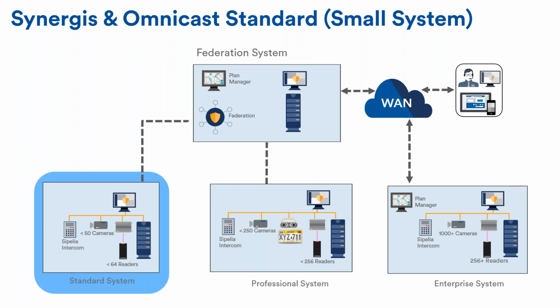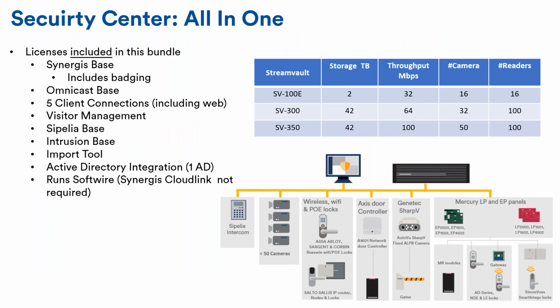So let's start with a standard system over here. Now, one option for building a standard system would be to use a StreamVault 100 or 300 or 350 series. Why you would choose one of these is that they're an all-in-one solution. The servers come with the pre-installed package for cameras, as well as your access control and your Sipelia and your intrusion, as well as Active Directory and so on.